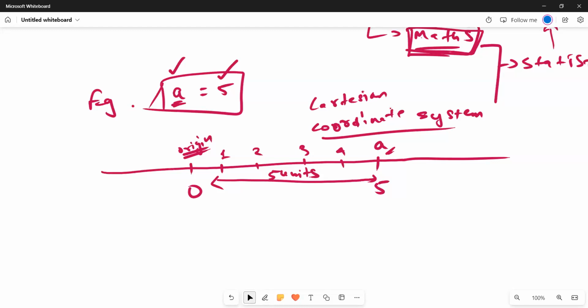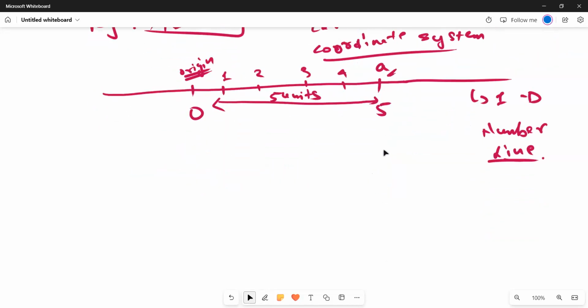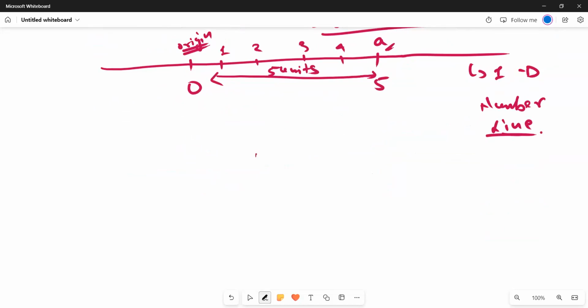Since we are talking about only one dimension here, this is a 1D number line. It's a one-dimensional number line. In a similar way, let's say we are talking about two-dimensional data, right?